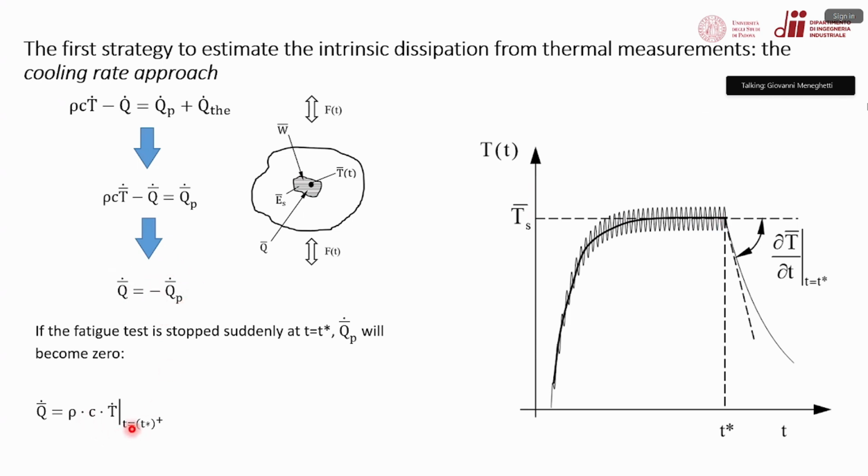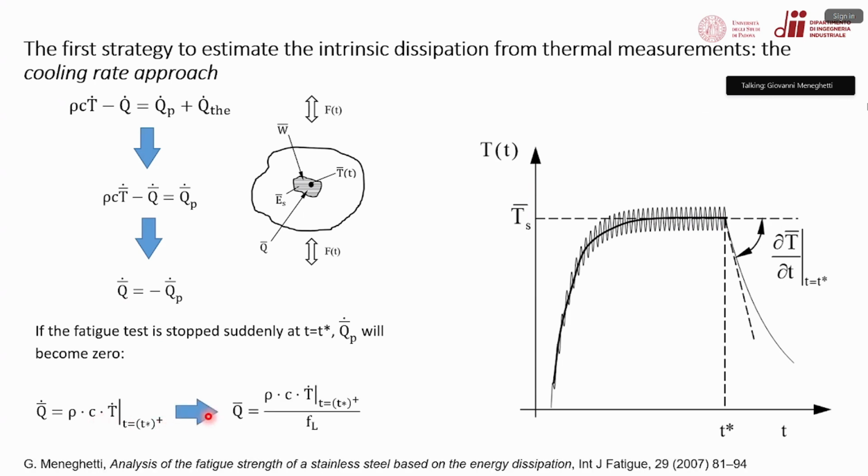So the cooling rate multiplied by the material density and the specific heat of the material is the intrinsic dissipation, which was active before the test stop. So this is the first strategy to estimate the intrinsic dissipation.